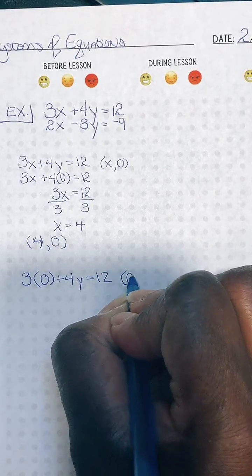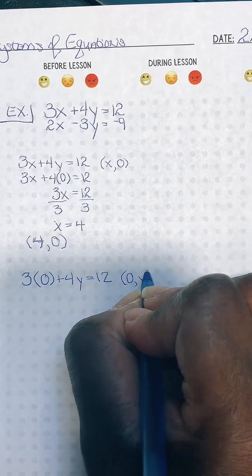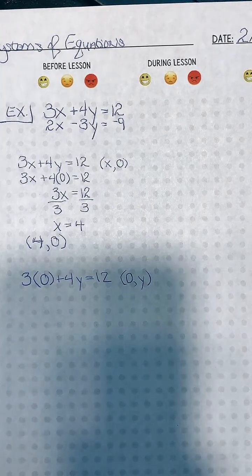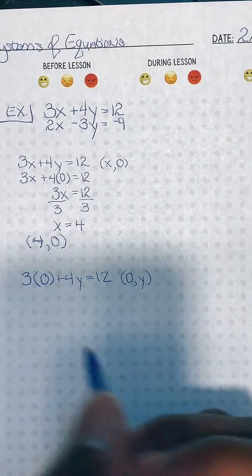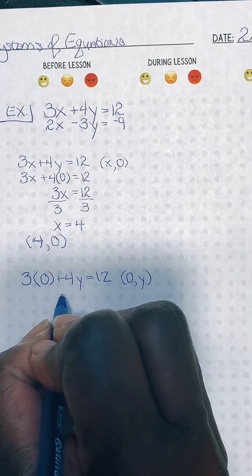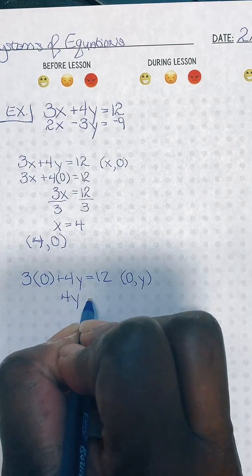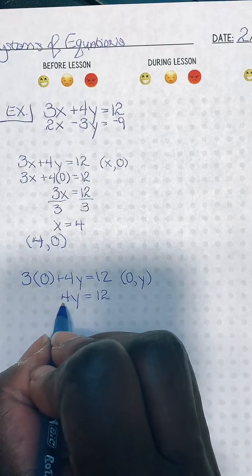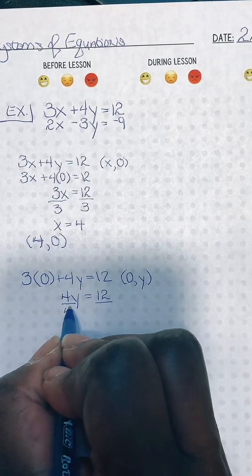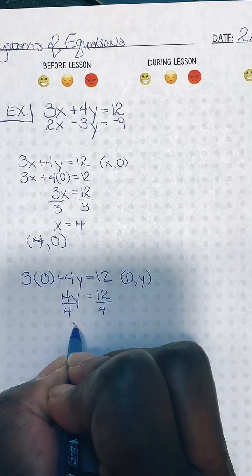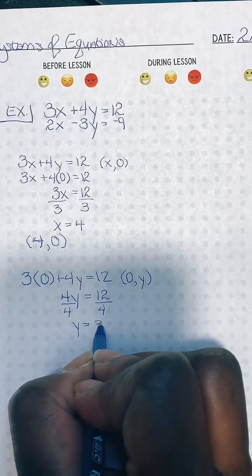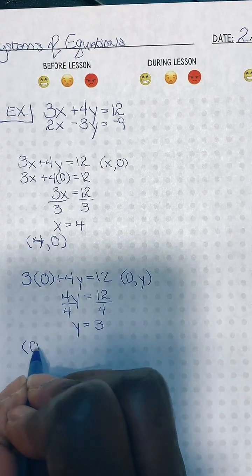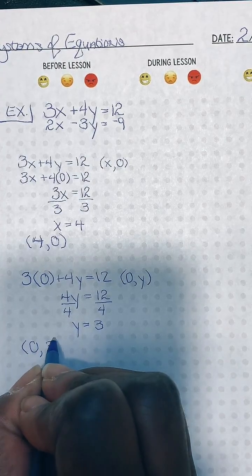So for the y-intercept, the x is going to be 0. For the x-intercept, the y is going to be 0. Now 3 times 0 gives me 0. That means all I have to do is bring down my 4y equals 12. If I divide both sides by 4, I have y is equal to 3. So the coordinate for that point is going to be (0, 3).